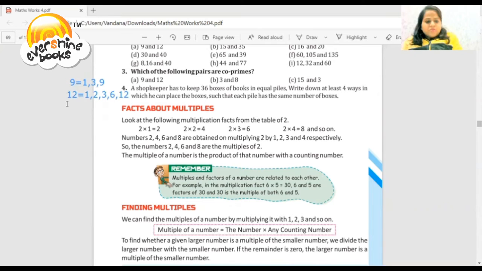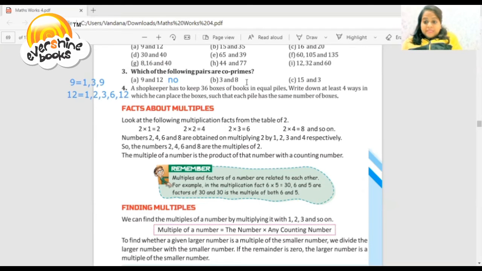But here common factors are 1 and 3. So the highest common factor is 3 here. So it is not a pair of co-primes. So you have to write here no.